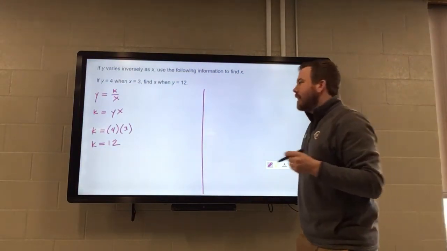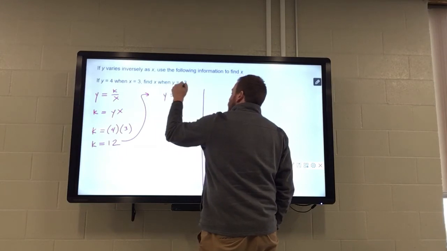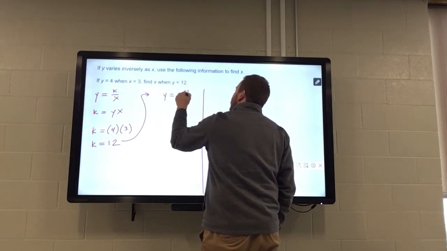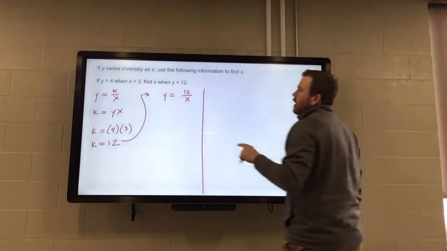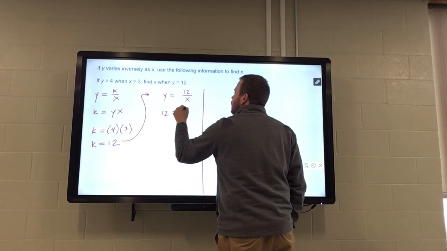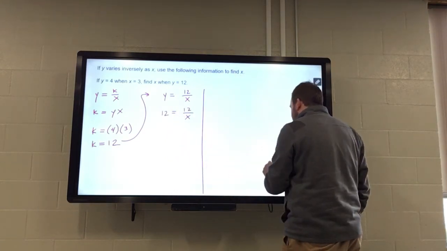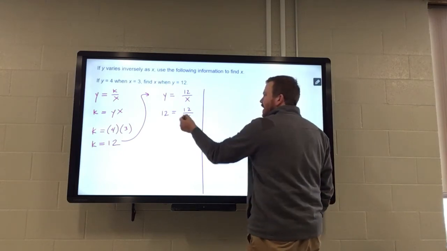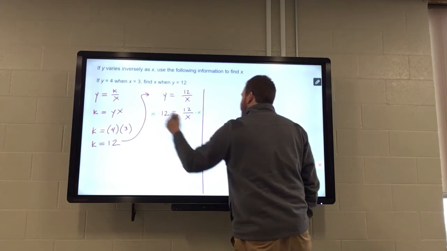We then use that information to write an equation. Y is equal to 12 over x. Alright, and we want to know x when y is equal to 12. So I plug in 12 for y. Now we just need to solve this equation. I want to get that x out of the denominator. Let's multiply both sides by x.